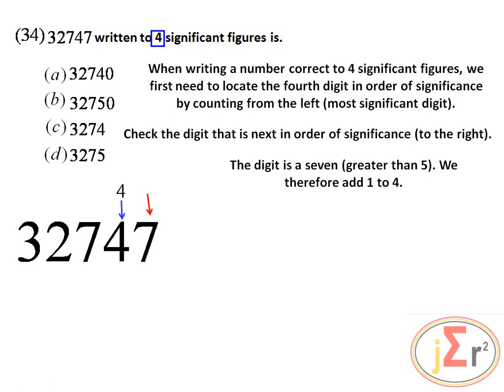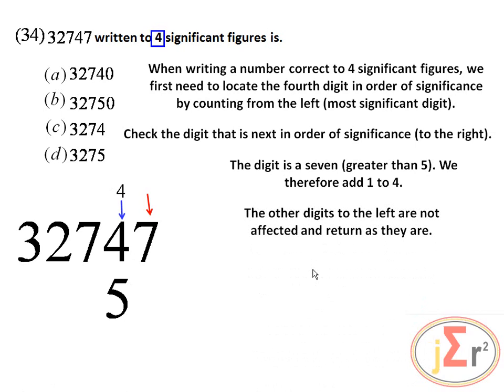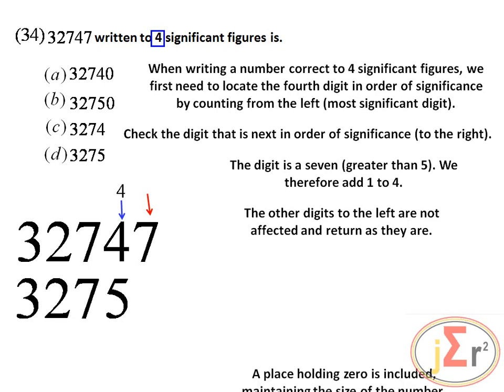So we add 1 to 4, we get 5. The other digits to the left are not affected and return just as they are.